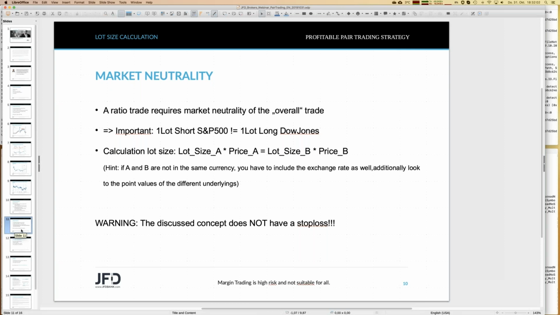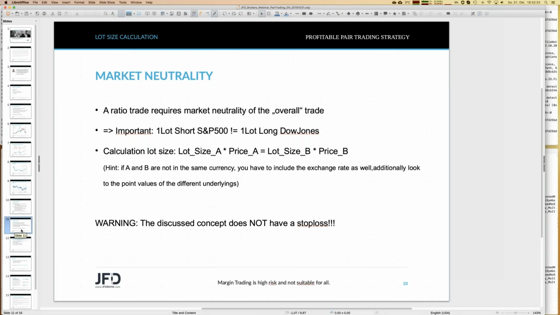And therefore I go here for the example S&P 500 and Dow Jones. You know that the two prices are totally different by about a factor of 9 or 8. So we all know that trading one lot S&P 500 is completely different from trading one lot Dow Jones.